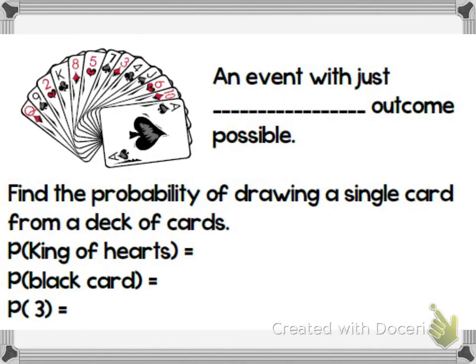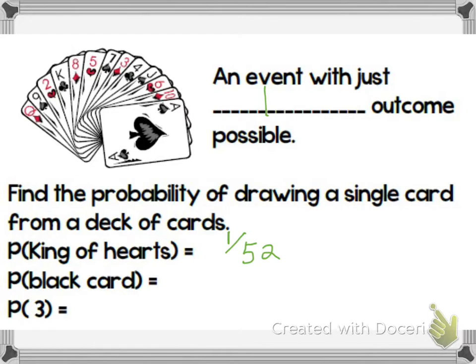So a simple event is an event with just one outcome possible. Find the probability of drawing a single card from a deck of cards. So there is 1 king of hearts in a deck that's 52 cards.